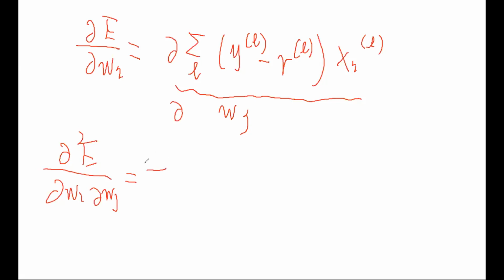Then we are taking the partial derivative of this part with respect to Wj. What is this part? This part is YL XIL minus RL XI. But the question is, where is Wj in this function? Who can tell me?